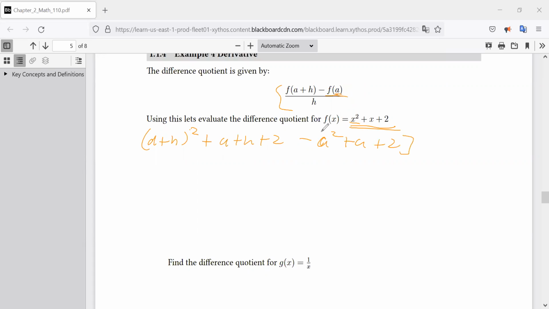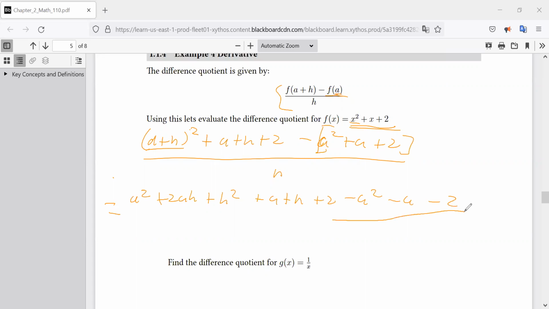Exactly. So we have to distribute that negative, and I'm going to distribute this too. But this is all over h still, so remember that. So we've got a squared plus 2ah plus h squared plus a plus h plus 2. And then if we distribute this negative, this becomes minus a squared minus a minus 2, still all over h. So this minus 2 cancels with this plus 2.